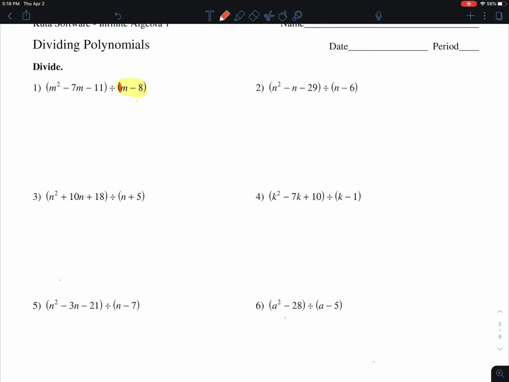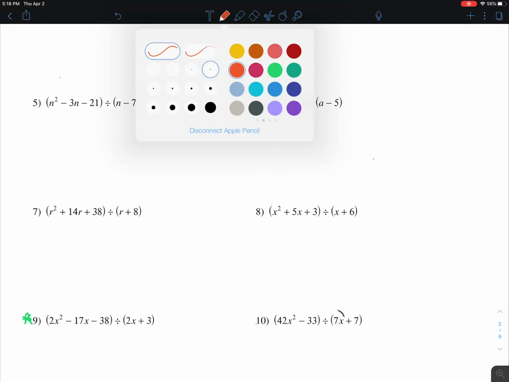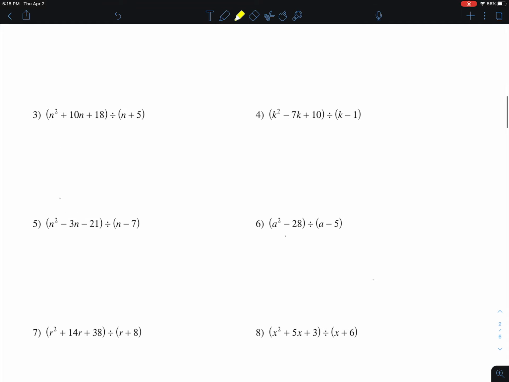So it does not work as well with problems like this one. You can get around it, but it's complicated and annoying, so we're just going to ignore it. Let's just do happy problems, right?